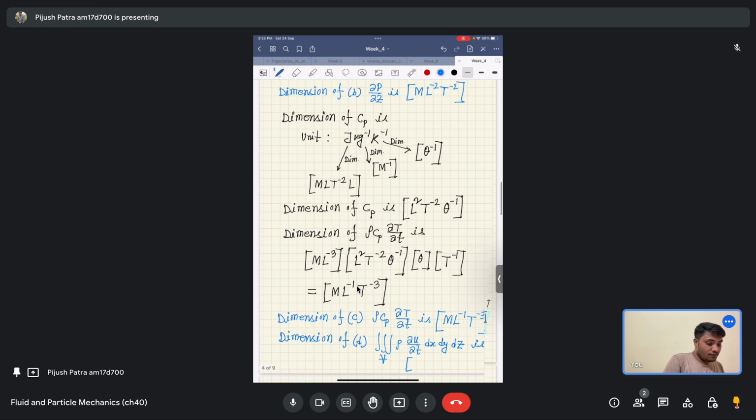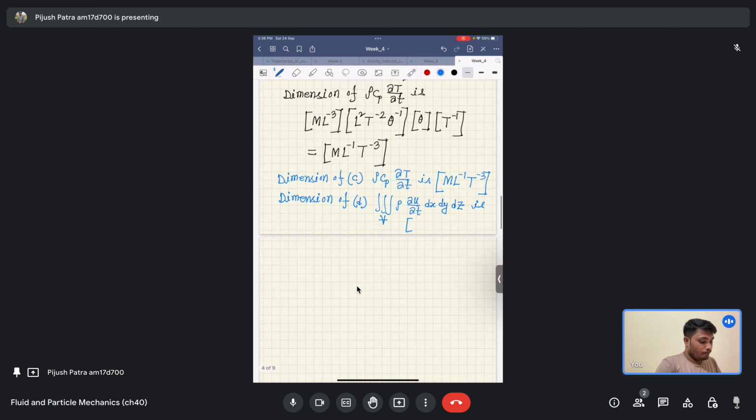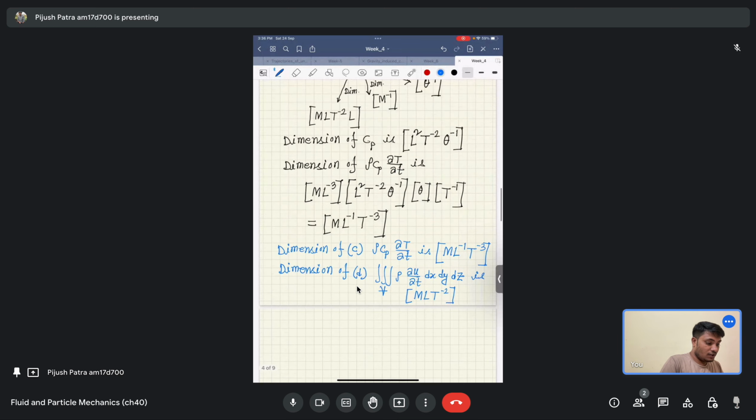What is that, the first term is this. These will be multiplied with L cube, the volume. So it will be ml t to the power minus 2. So it is the unit of dimension of what, ml t to the power minus 2, force. As simple as that.